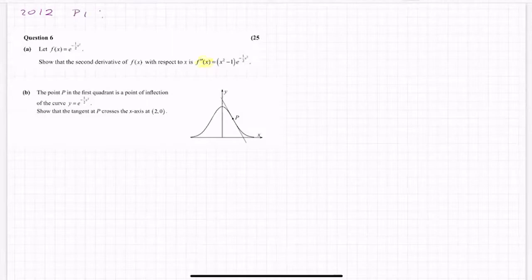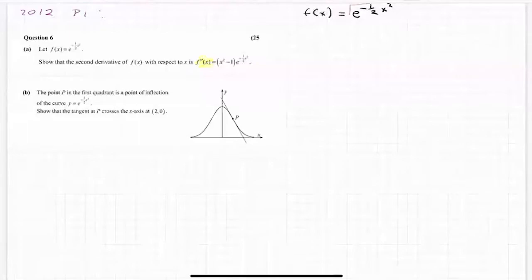Okay, so when I look at f of x being equal to e to the minus a half x squared, I see the e function, and I also see quite a complicated little power. So this is most definitely a chain rule. I just wanted to draw my box around the power.